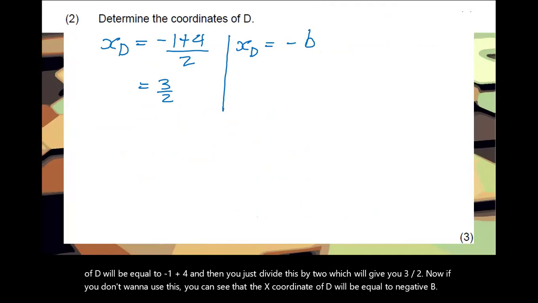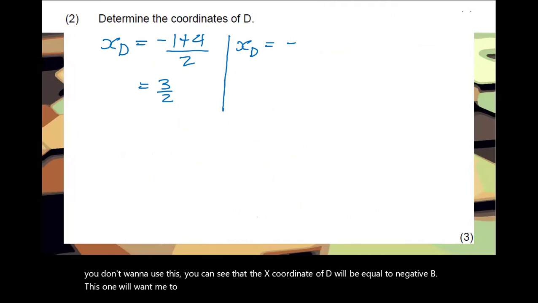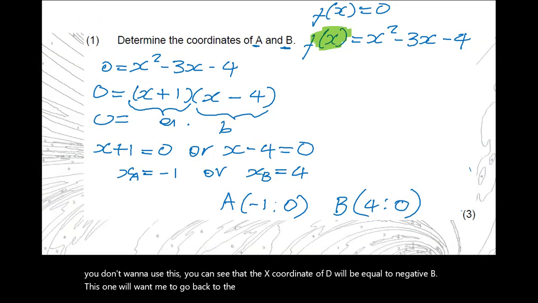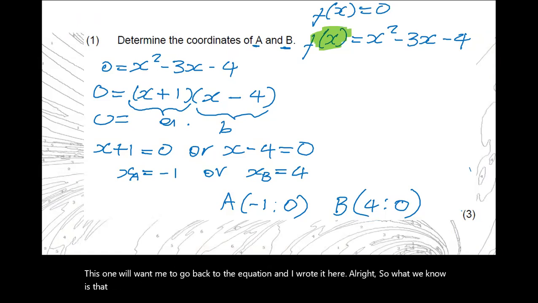This one will want me to go back to the equation. And oh, I wrote it here, right? So what we know is that this over here will be our b, which is -3, right? So we are simply going to take that -3 and divide it by 2a.